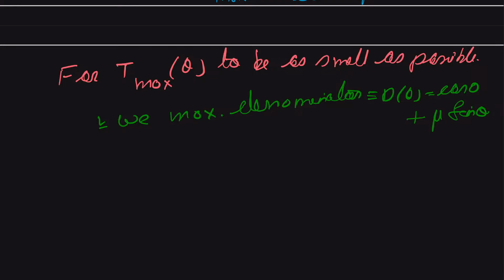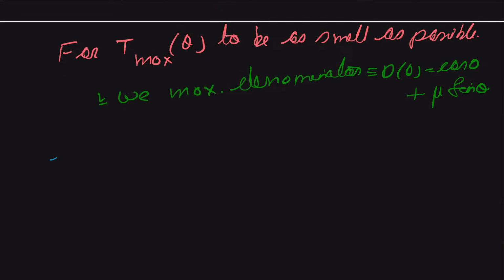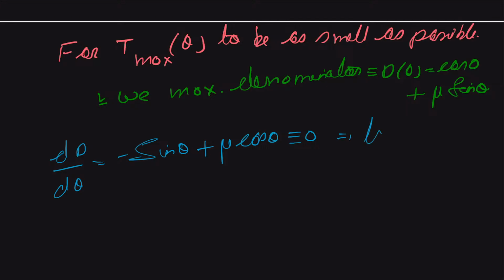We differentiate it, and then we can simply solve the maxima-minima conditions. Its derivative with respect to θ will give us minus sin θ plus μ cos θ, and equating it to 0, from here we can say that tan θ is equal to μ.